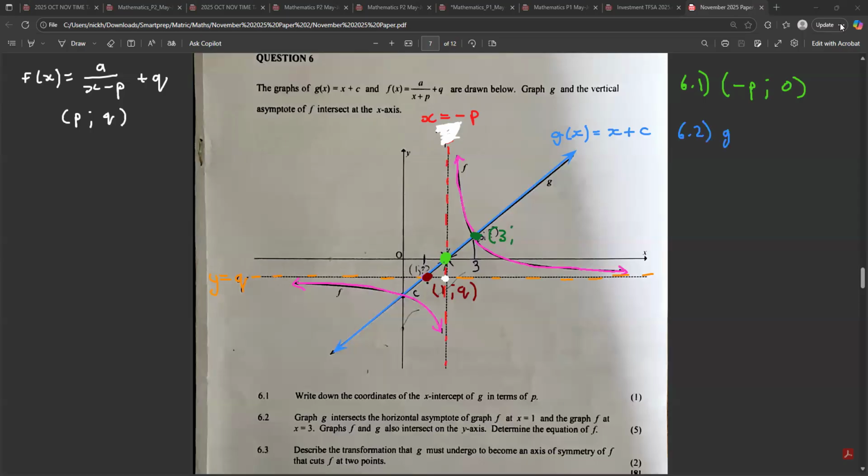Okay, so question 6.2. We know that g of x is equal to x plus c, that's a straight line. We already know that. So what I want to do is just figure out what c is, because c looks like it's going to be equal to p. But we obviously do need to show that, so let's do that.